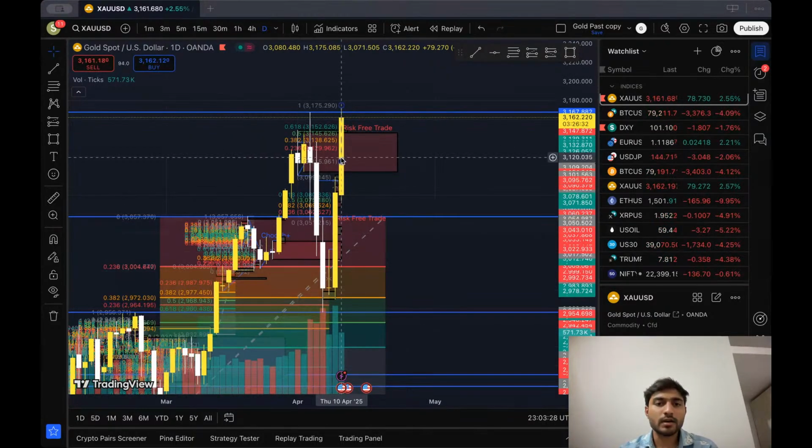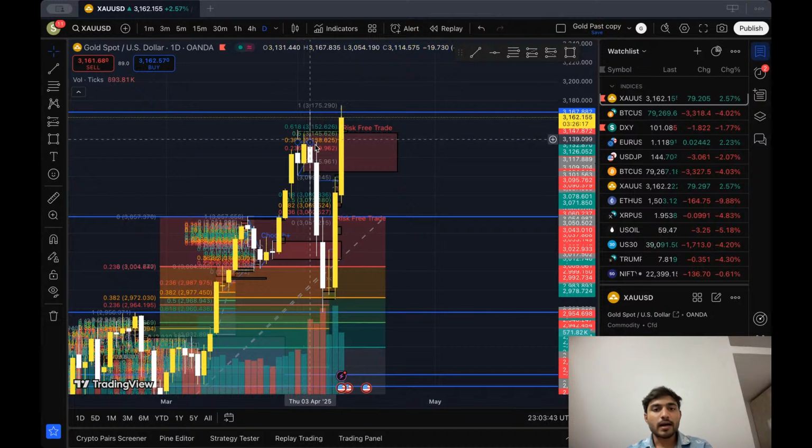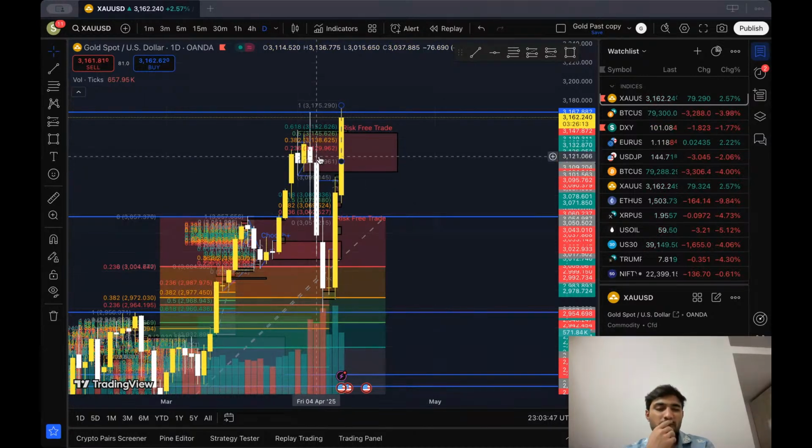Today the candle started with a good move to the upside, right? In the ASM session, we have a good move to the upside. But one thing I was a little concerned about was there was an order block here, and I was having a biased opinion because of that order block.